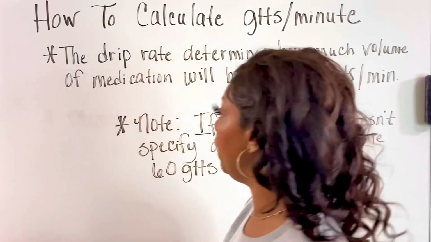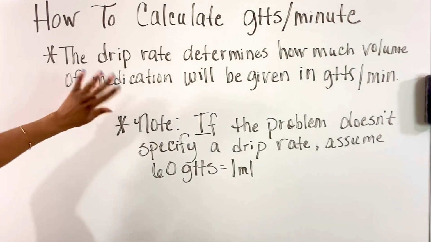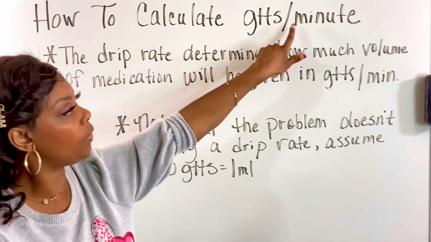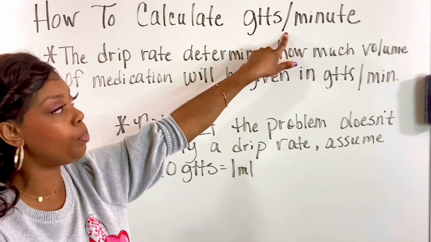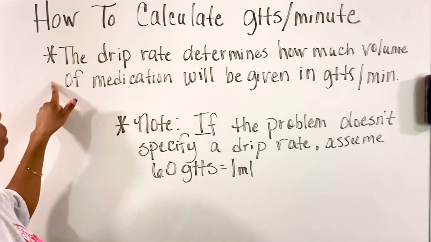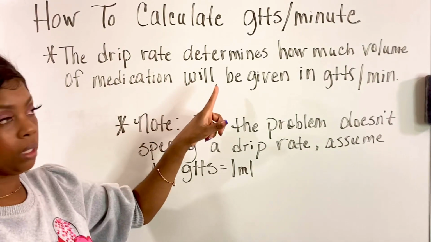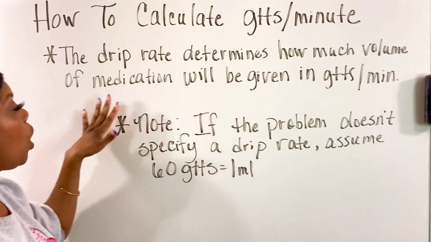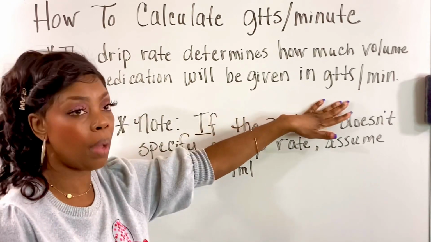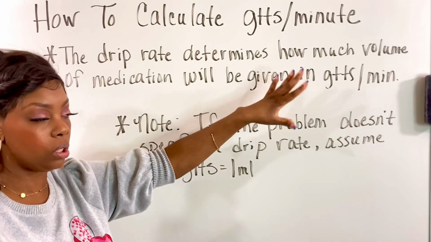Okay, so let's get into it. This is going to be how to calculate drops per minute, whenever you see this, it means per minute. It also means sometimes to divide, of course. Okay, so the drip rate, okay? This is going to determine how much volume of medication will be given to the patient in drops per minute. That's what we're trying to find out today.